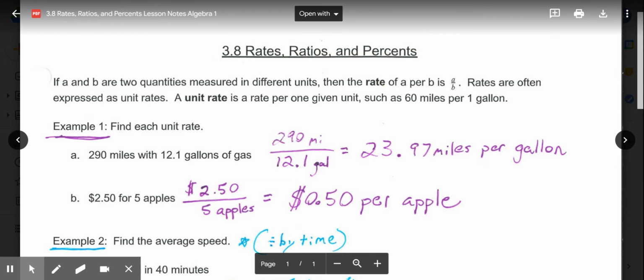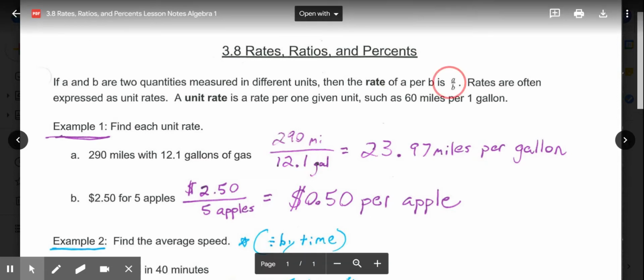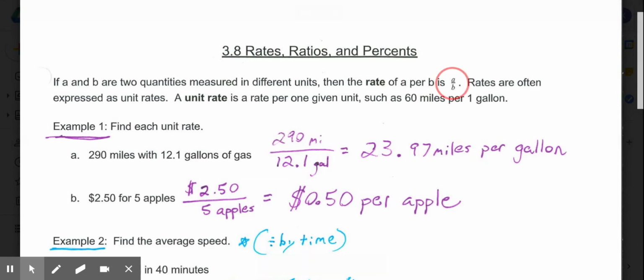Rates are often expressed as unit rates. A unit rate is a rate per one given unit, such as 60 miles per 1 gallon, or dollars per apple. So if we're looking at the idea of rates, we know it's written as a fraction or with the word per.